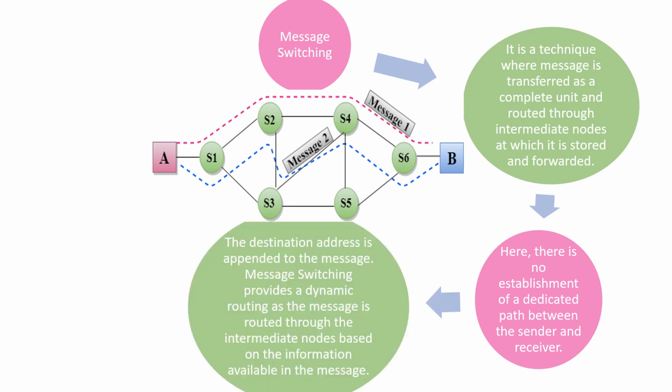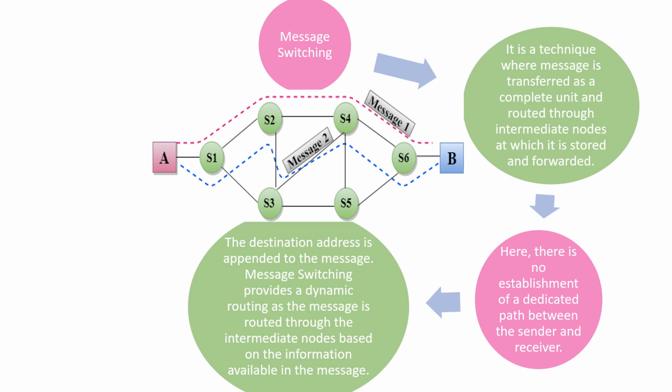Here the destination address is appended to the message, and message switching provides dynamic routing as the message is routed through intermediate nodes based on the information available on the message. The messages can take any route through the intermediate nodes.